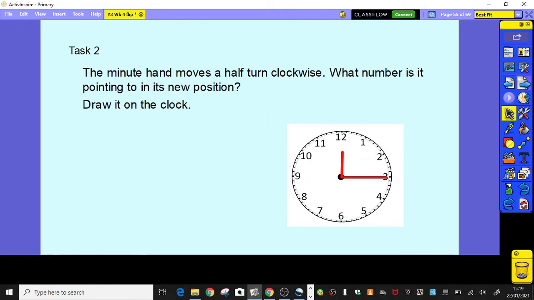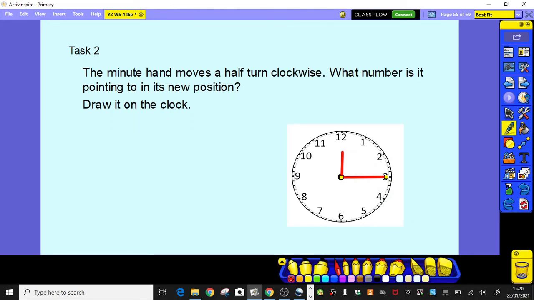Now for your second task, we've got some thinking questions. So here's an example. The minute hand moves half a turn clockwise. What number is it pointing to in its new position? Well, the minute hand is starting by pointing at 3. If that's going to move half a turn clockwise, let's think about which way is clockwise. Well, clockwise is the way that the hands travel on a clock, or the numbers go up on a clock. So clockwise is going to be that way.